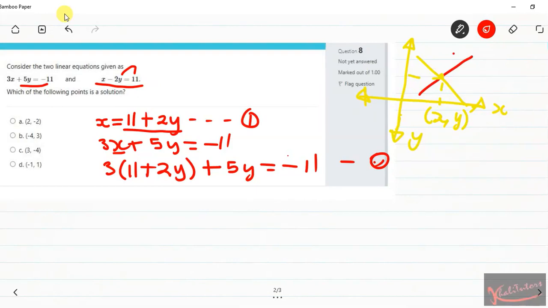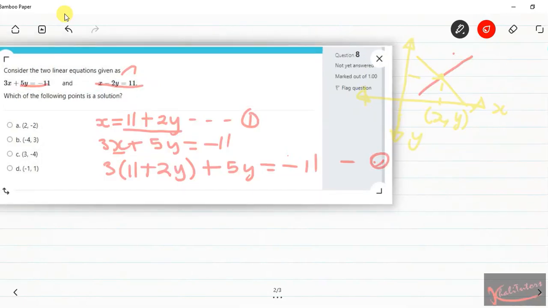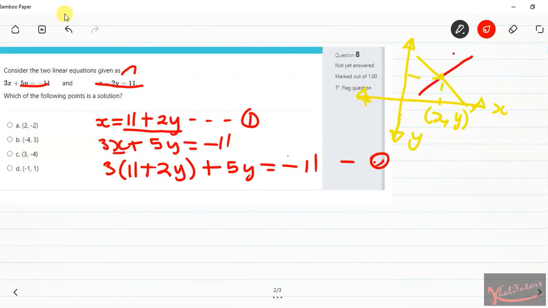Okay, so this becomes 3 times 11, that will give us 33. 3 times 11 is 33, and 3 times 2y is positive 6y, and then this we're not doing anything to, so we write it as it is: plus 5y equals minus 11.